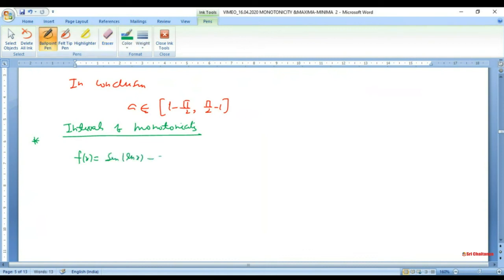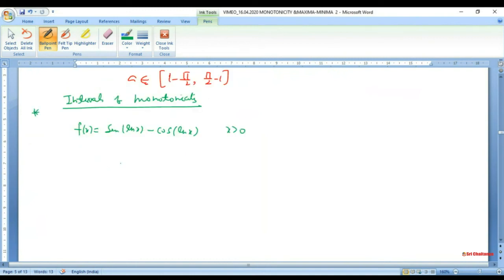sine of ln x minus cos of ln x. It is given. Of course, for this to happen, x must be positive. That goes without saying. Now you want to find all the intervals in which this function f is strictly increasing.